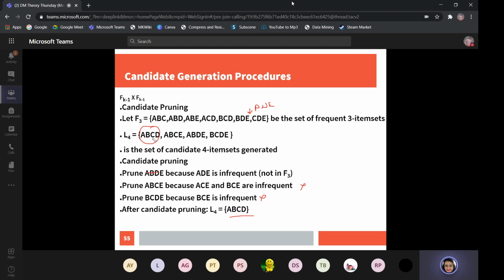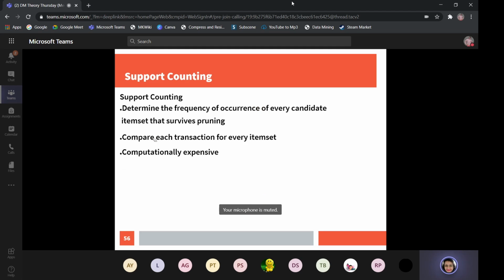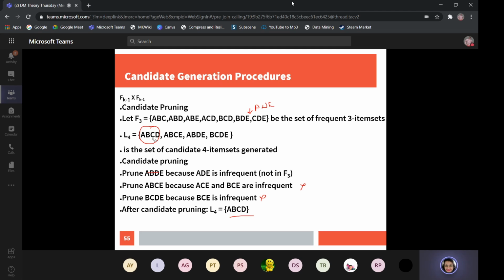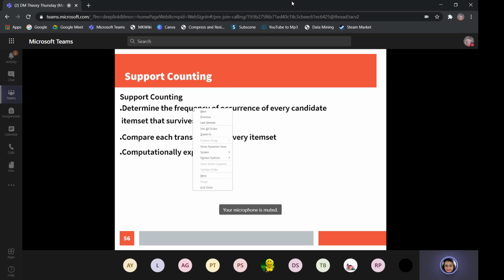So right now we are only talking about candidate generation. We talked about brute force, and after brute force we talked about F k minus 1 cross F1, and F k minus 1 cross F k minus 1. After generating the candidates, you will be finding out the support count. So basically you have found the candidates, so the rest of the sets you will be ignoring. Firstly, you have to determine the frequency of every candidate that survives pruning, and compare it with each transaction.